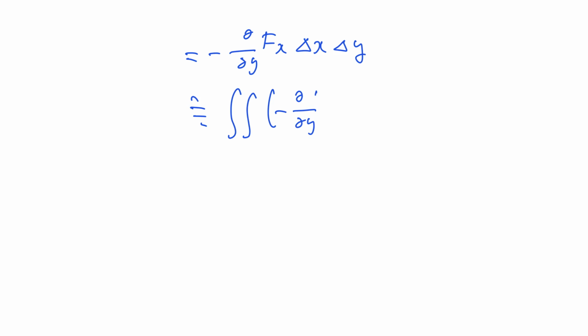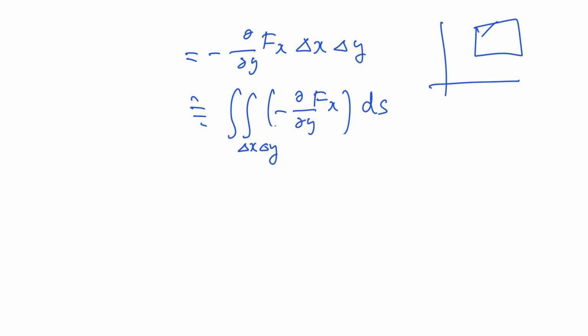So we have minus partial y of f x times delta x delta y, and then it can be approximated by minus partial y of f x ds, using the mean value theorem again in the opposite direction. You mean this integration over this. This is ds, right?